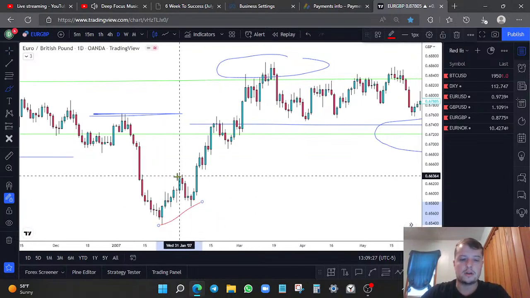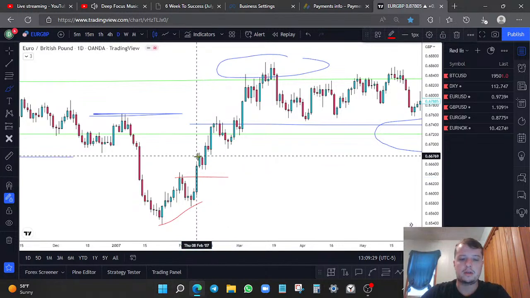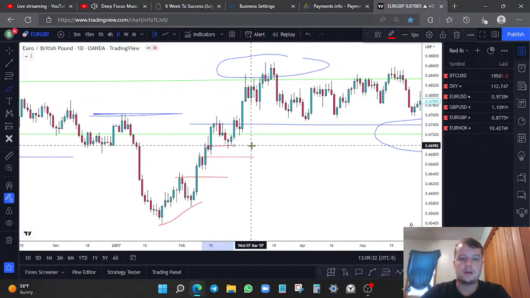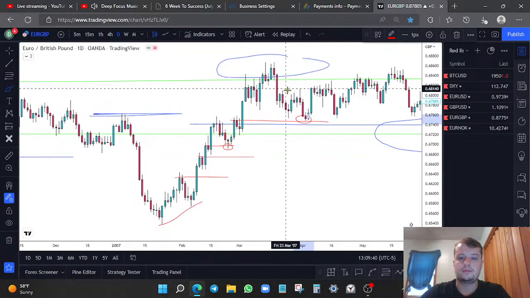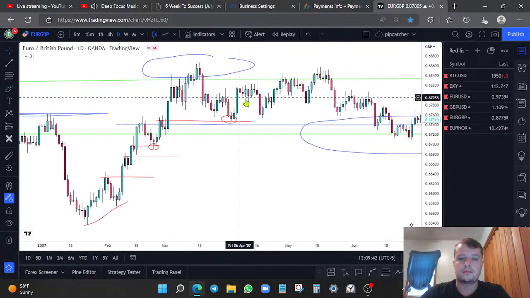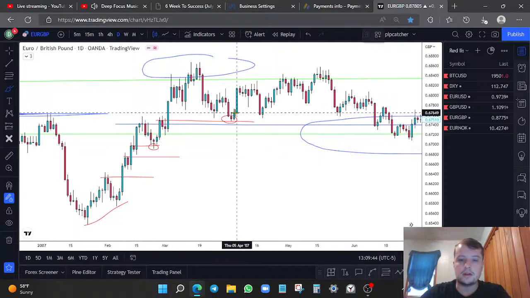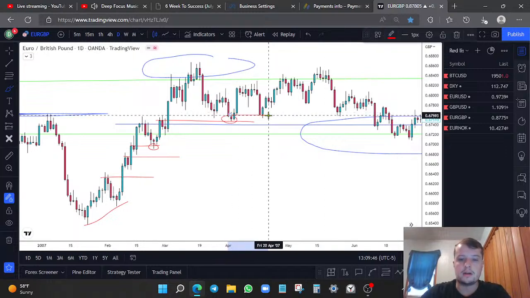Shift in market structure here, price doesn't retrace, price doesn't retrace, price finally retraces here. And then also even another setup right there as well.